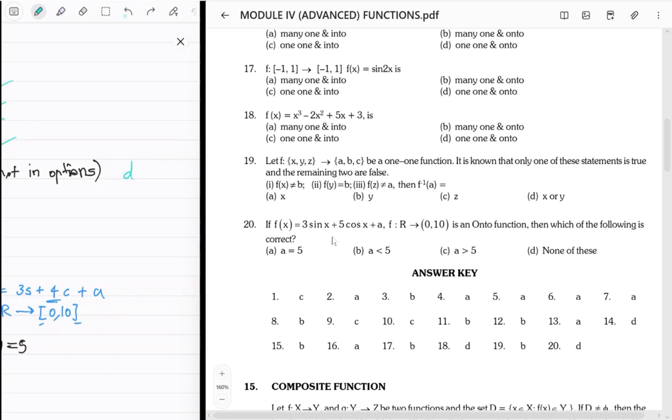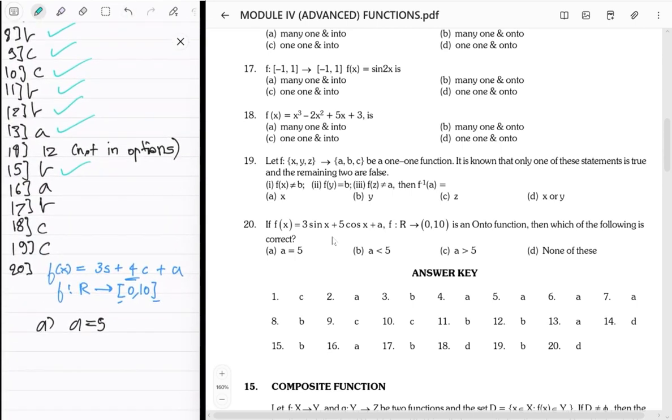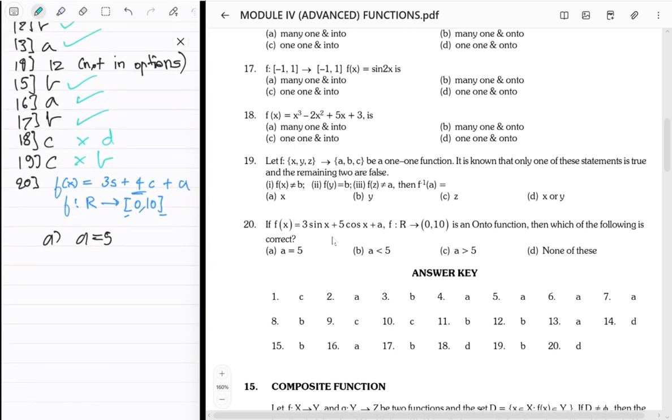We just know that it's not correct. Okay, 15th B. 16th A. 17th B. You got 18th D. Okay, 20 as well. Wait, 19th is B and 20 is D.